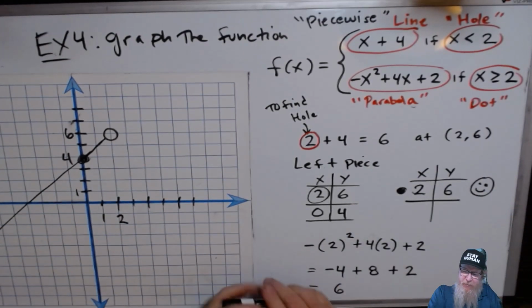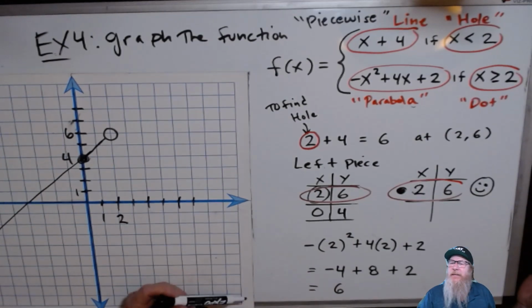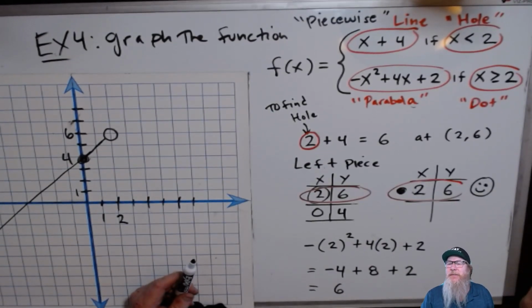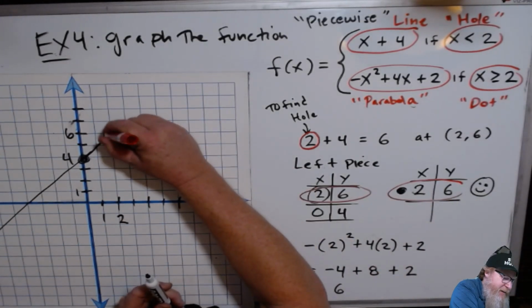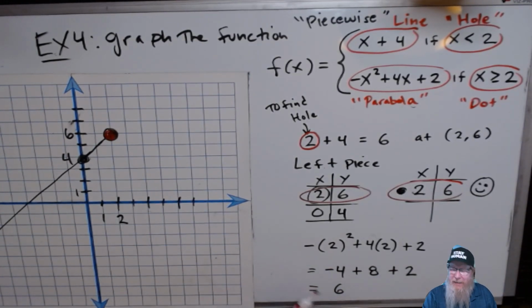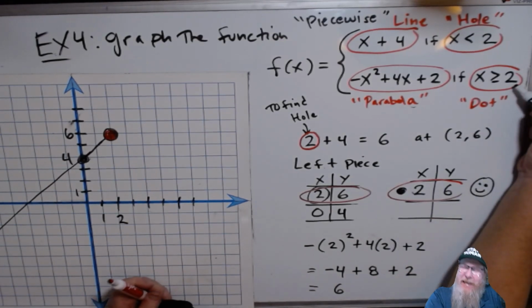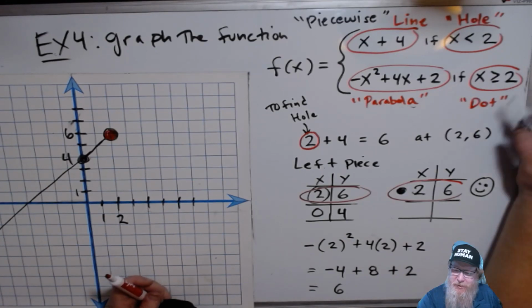If these agree with each other, that means it's going to be continuous. So I already know it's going to be continuous. So what happens here is this fills in the hole with a solid dot, and I need one more point, anything greater than 2. All right, let's try 4.